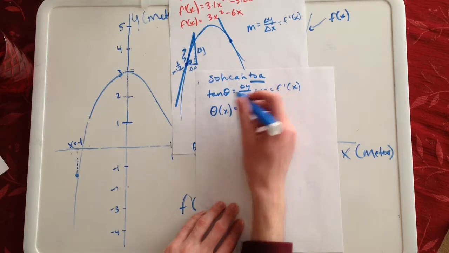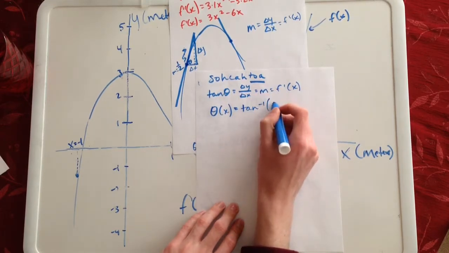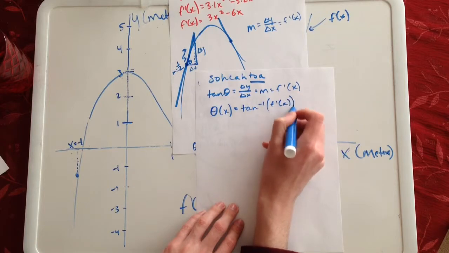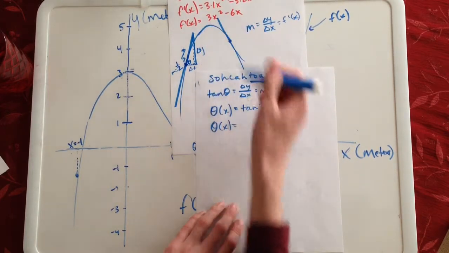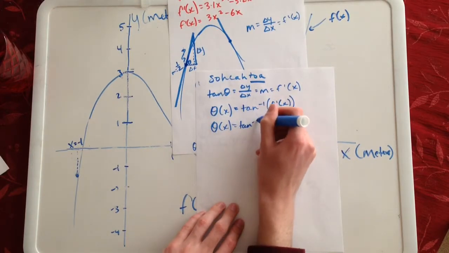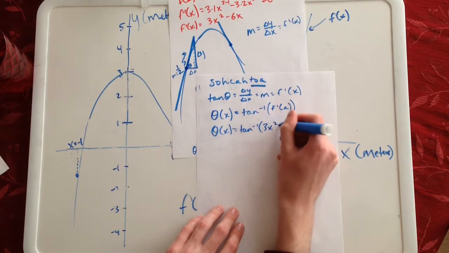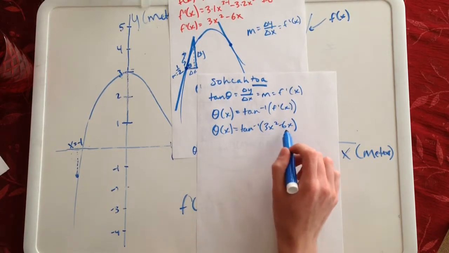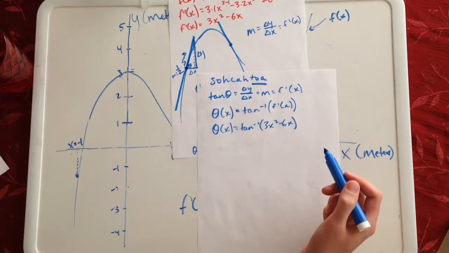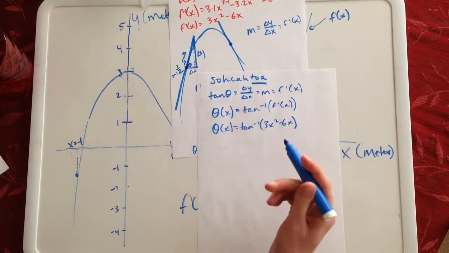To get theta by itself, I'd have to do tangent inverse of f prime of x. So theta of x equals tangent inverse of 3x squared minus 6x. So, given any x value on this graph, I can find the angle that the robot should be at that value.